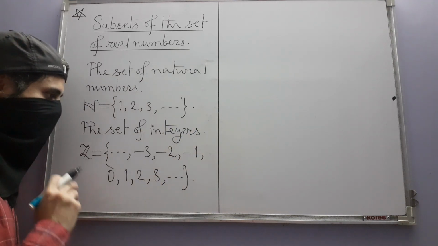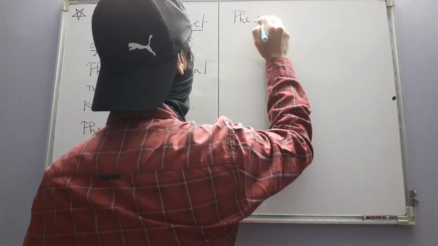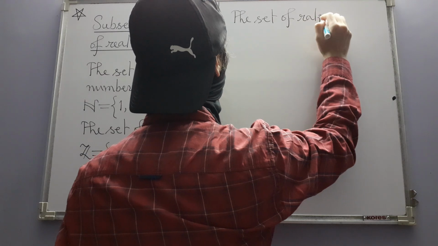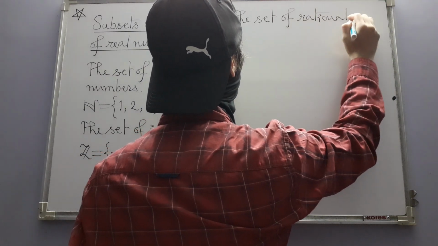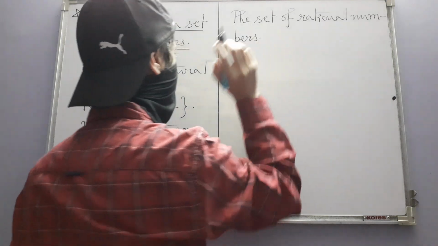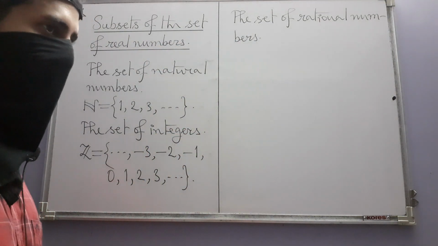And then after these, we have the set of rational numbers. We know that this set cannot be conveniently expressed.